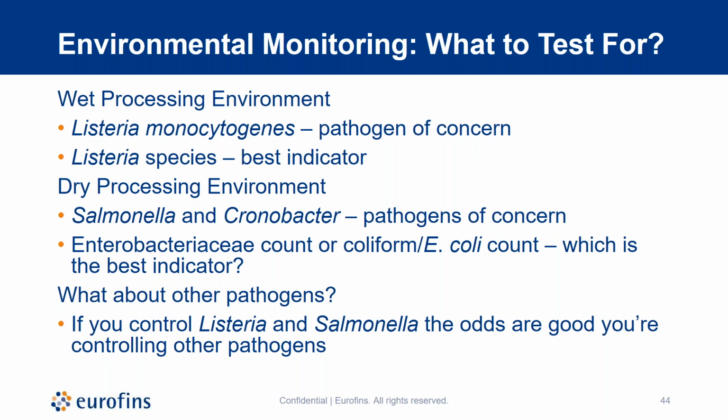And the indicators that are promoted for testing dry environments may be Enterobacteriaceae, because some people believe that it is the highest correlated indicator for the prevalence of Salmonella. That may or may not be true in your product process combination. Or sometimes you could do coliform or E. coli counts as a verification of cleaning and sanitation.